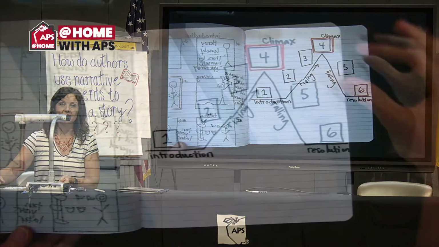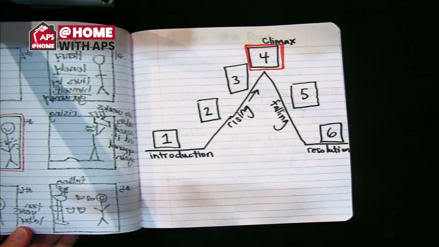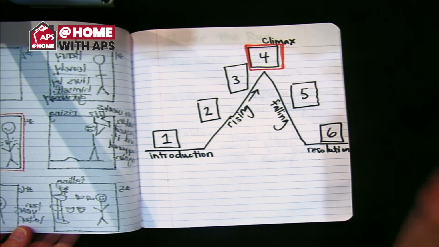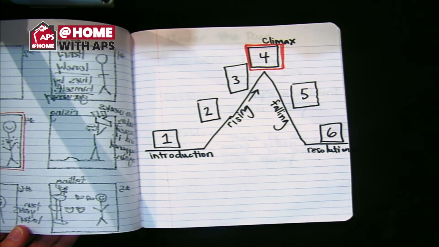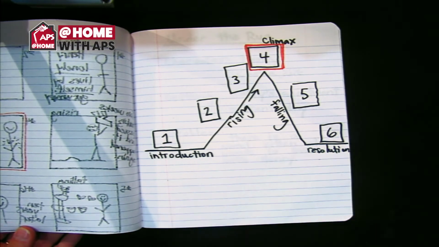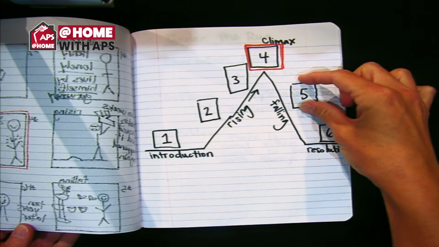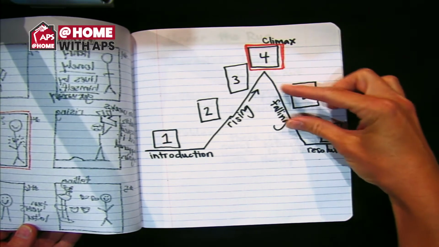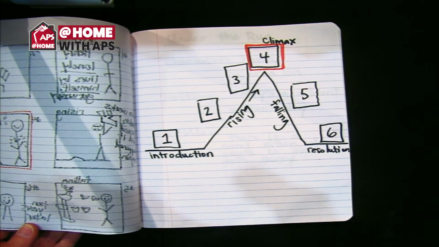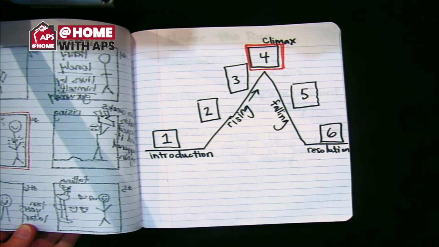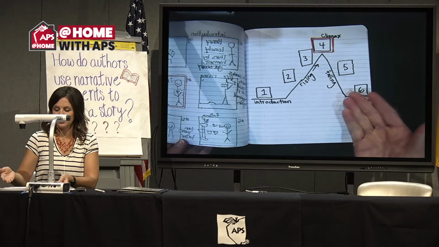Scene 4, some people may use the word pivotal. The pivotal point or the climax is the point of no return where the story changes and is unchangeable. Scene 5 is when we start falling, the excitement falls, and then scene 6 is our resolution or our conclusion.